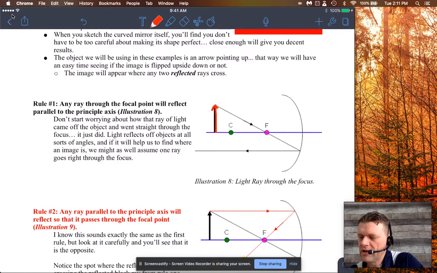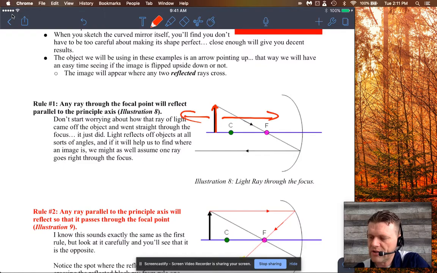So the first one is, no matter where you put, now you'll see we can put the object anywhere along the principal axis in front of the mirror. And its position would be the distance to the object, so how far away the object is from the front of the mirror. So let me clean all that up.